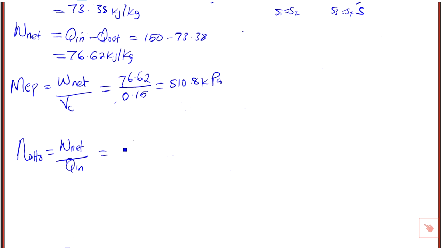We take net work done divided by the heat given into the system, which was 150, which gives you 0.511, which is approximately 51%. So this is how you go about solving such a problem.